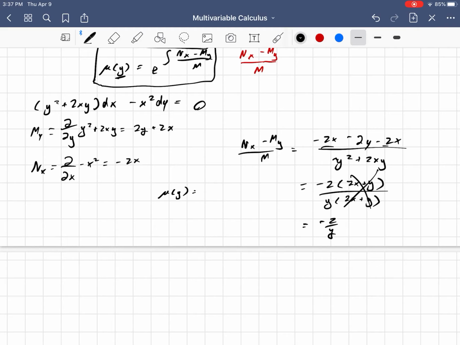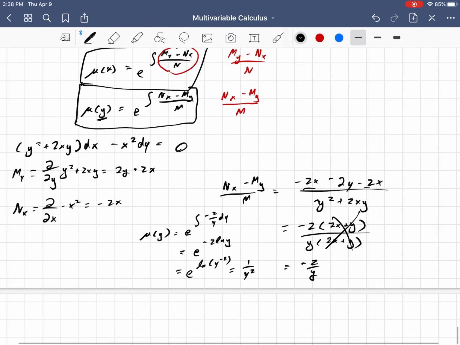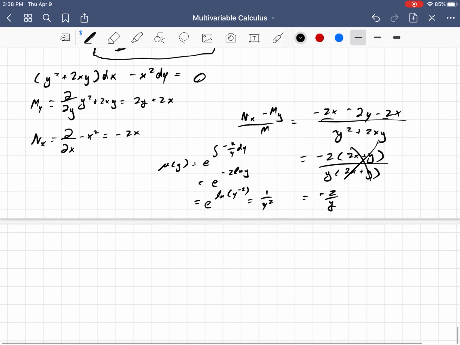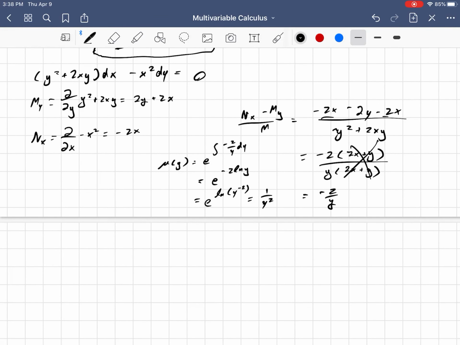negative 2 over y. So now mu of y is e to the integral of negative 2 over y dy, which is e to the negative 2 ln y, which is e to the natural log of y to the negative 2, which is y to the negative 2, or 1 over y squared.